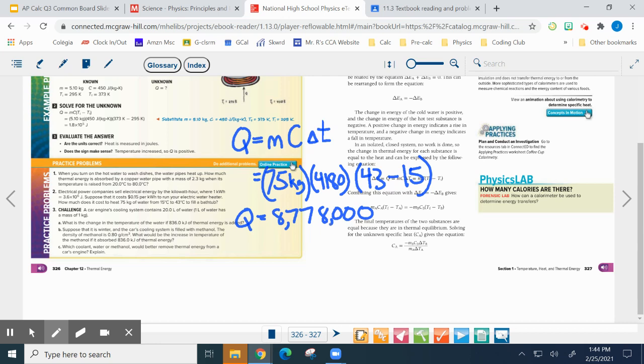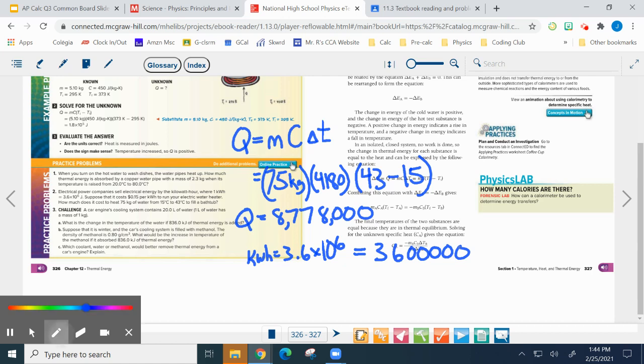And a kilowatt hour equals 3.6 times 10 to the 6th, which, if you don't like scientific notation, it's going to be 3,600,000. So just to walk you through that, the decimal point was right there, right? But it's times 10 to the 6.